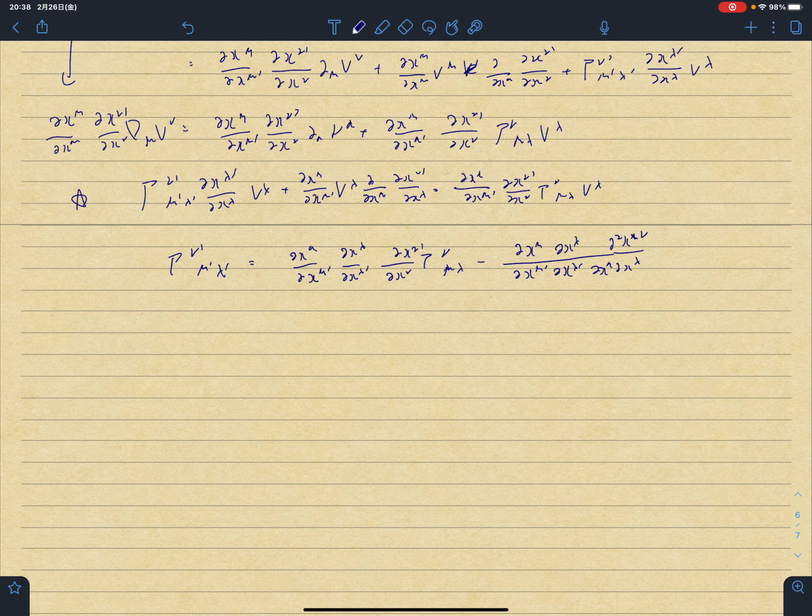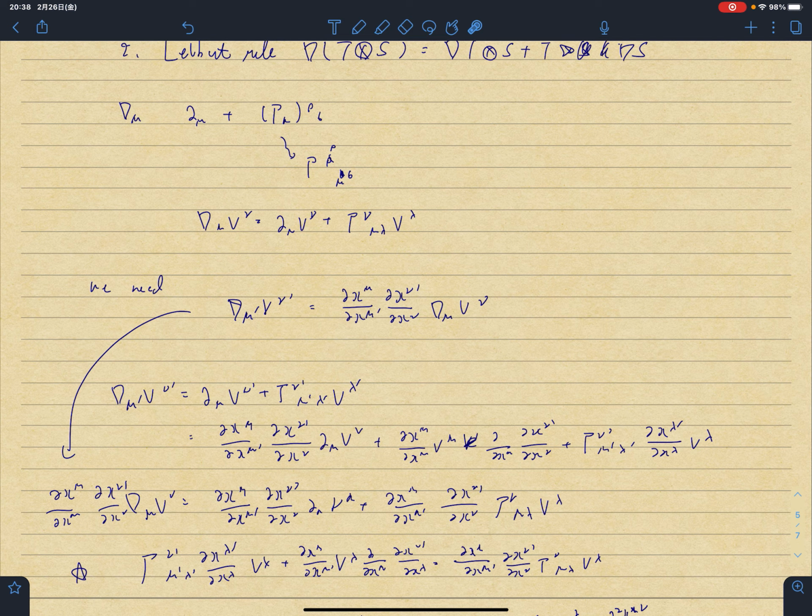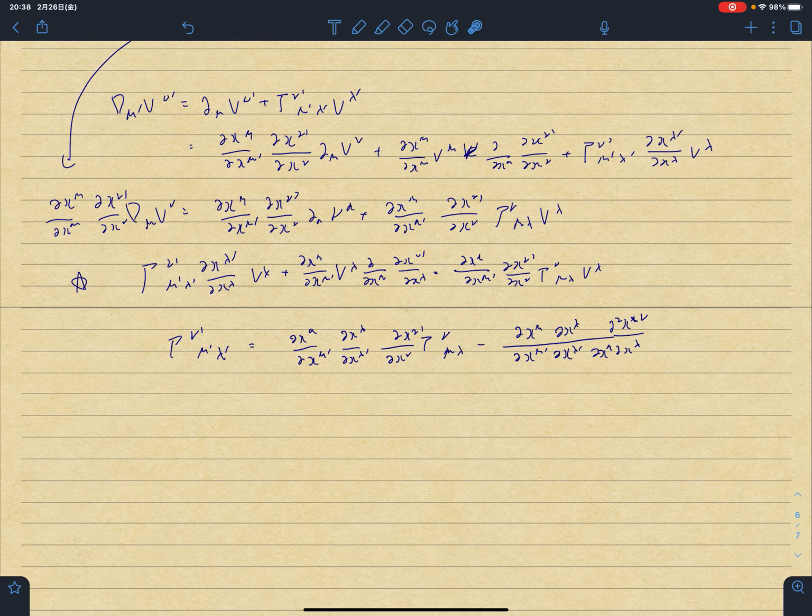This is not true for a tensor: the second term on the right is there because the correction coefficients are not the components of a tensor. Their purpose is to be a non-tensor, but in such a way that the combination transforms as a tensor, and the extra term in the transformation of gamma is cancelled.